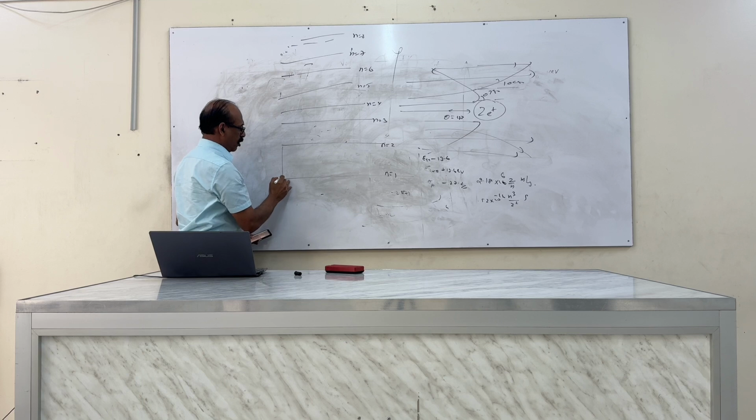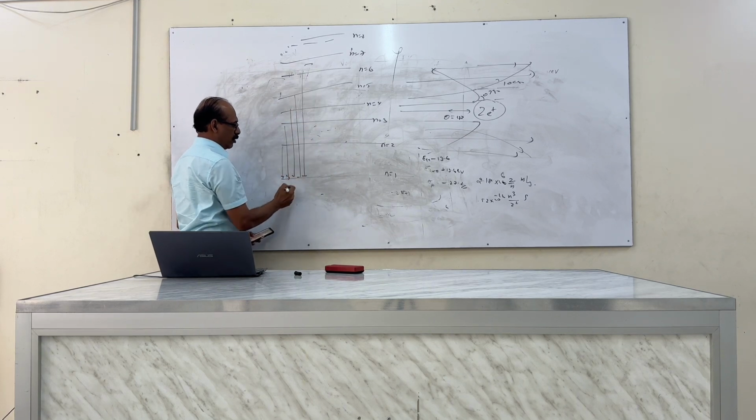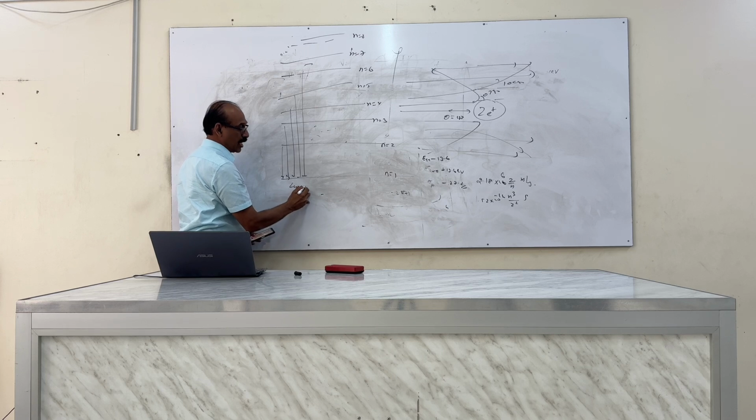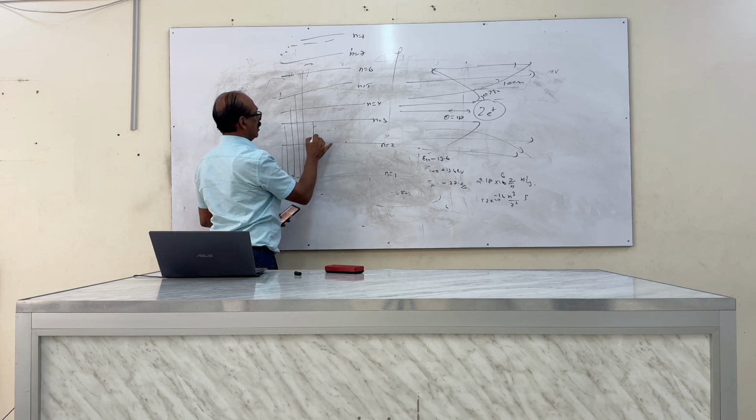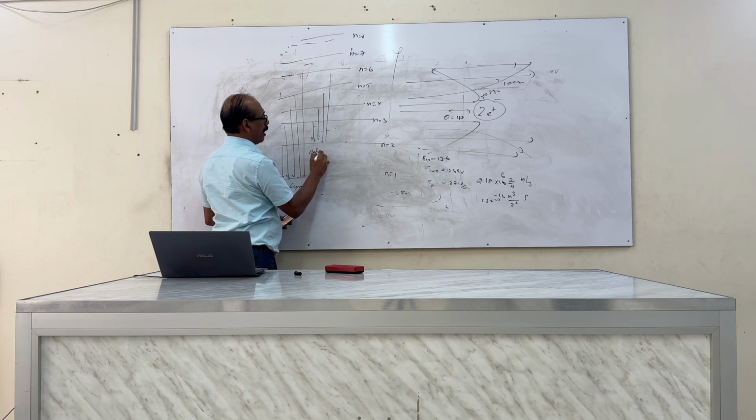Second orbit to first orbit, third orbit to first orbit, fourth orbit to first orbit: this is known as the Lyman series. Next one, third to second, fourth to second, 5 to second, 6 to second: this is called the Balmer series.